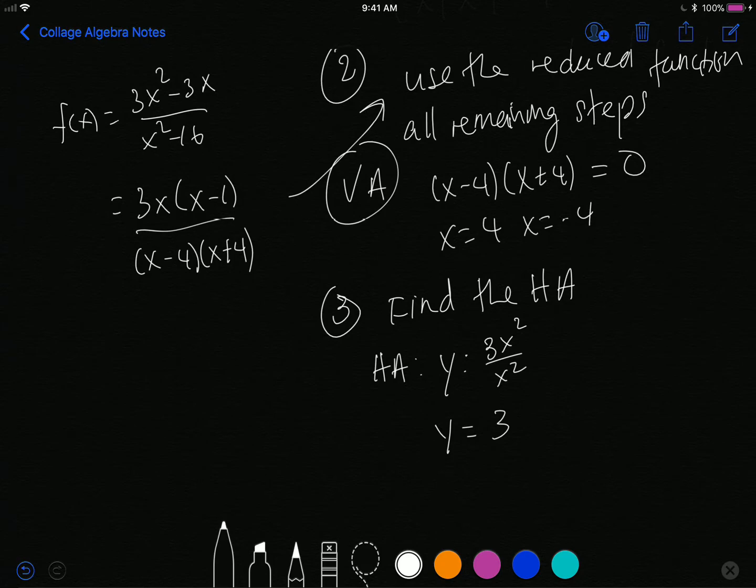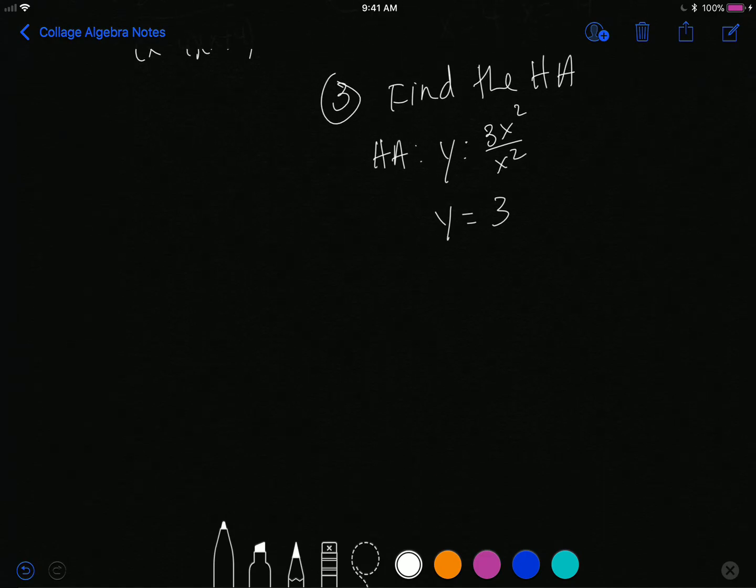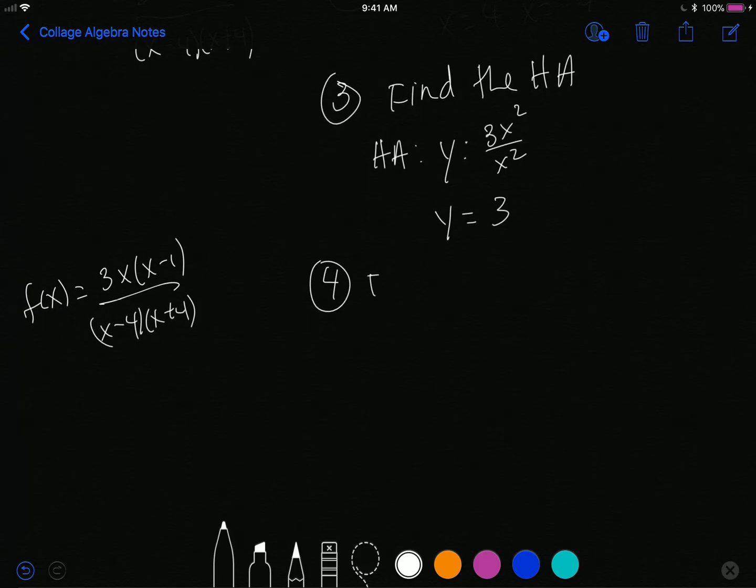Step number 4 is to find the y-intercept. Let me rewrite the problem: 3x times x minus 1 divided by x minus 4, x plus 4. To find the y-intercept, you plug in x equals 0, and you get 0 divided by negative 16, which equals 0.